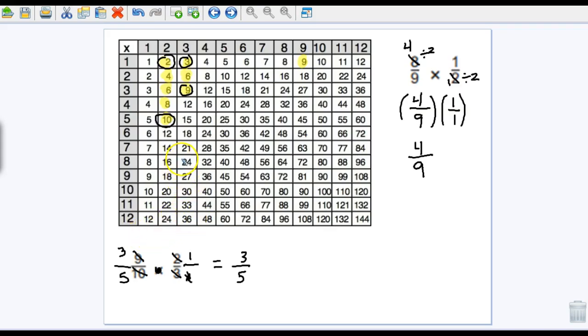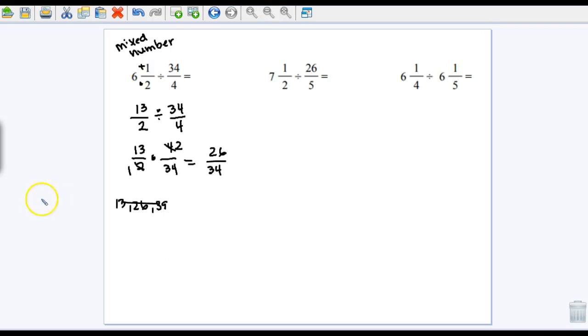36 and 24. 24 and 36. That's not that. 24. Nope. 24 and 36. So I can divide by 12, right? 34, 24, 36 by 12. So let's go back to my page there. Oh, it's 26.